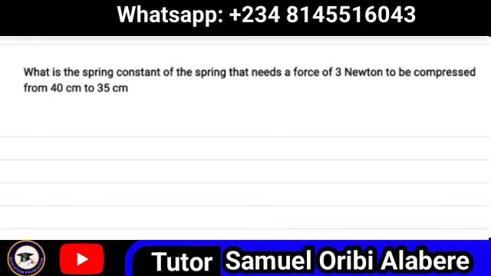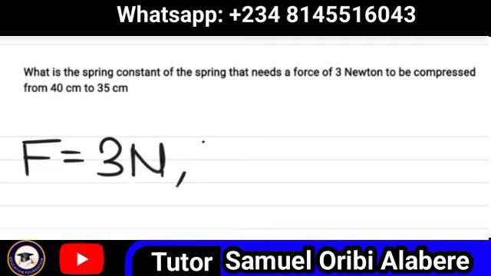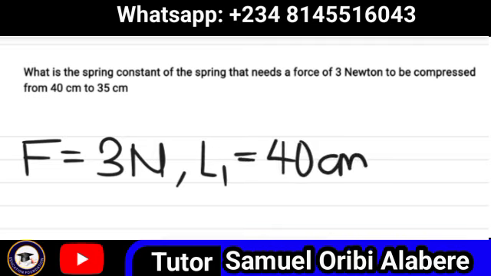In the question, we were given the value of force, which we are going to represent by F, to be 3 Newton. And then we have our original length, which is represented by L1, to be equals to 40 centimeter. So we are now going to convert this 40 centimeter to meters, which will then give us 0.4 meters.